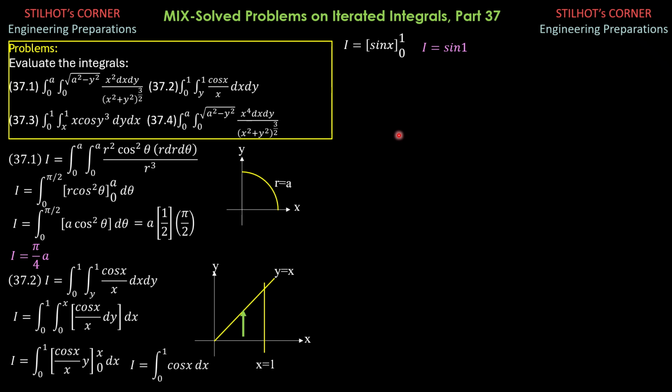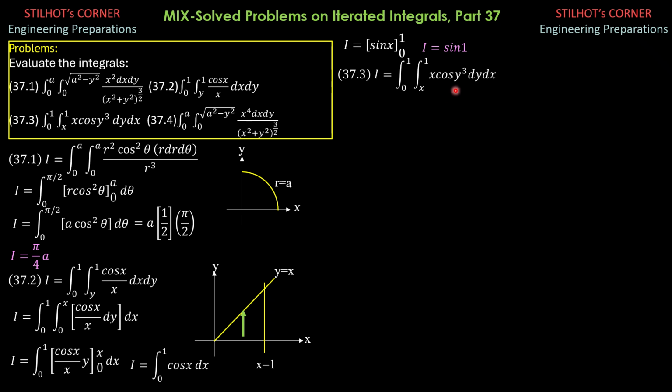Then next, the integral from 0 to 1, x to 1, of x cosine y cubed dy dx. We don't need to transform this to polar coordinates.